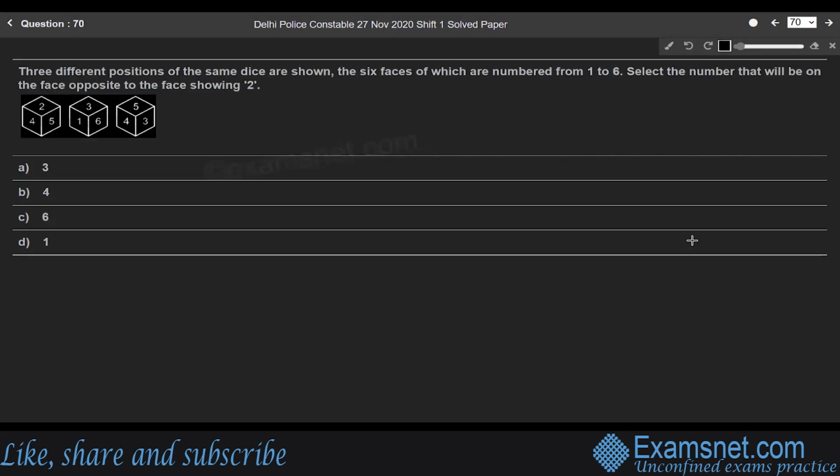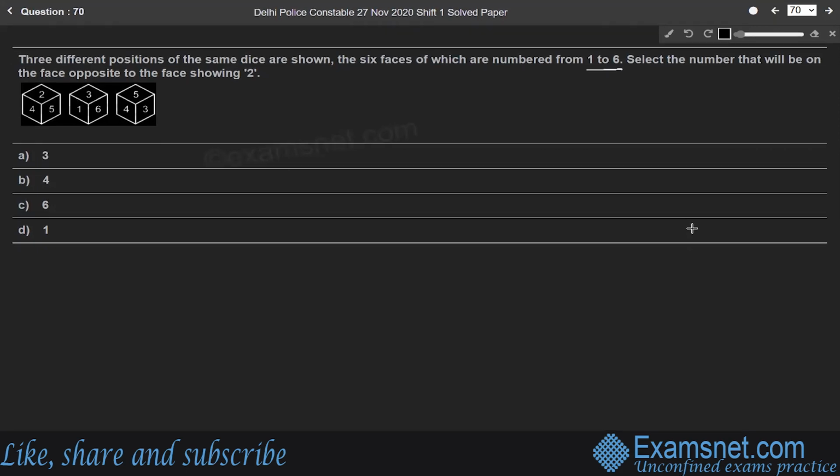Question 70. 3 different positions of the same dice are shown, the 6 faces of which are numbered from 1 to 6. Select the number that will be on the face opposite to the face showing 2. So here, 3 different positions of the dice are shown like this. Let us consider 2 of them, the first and the third one.